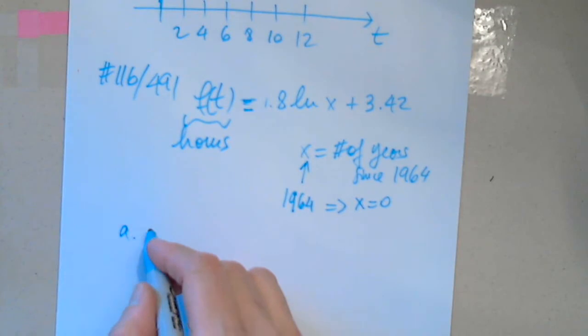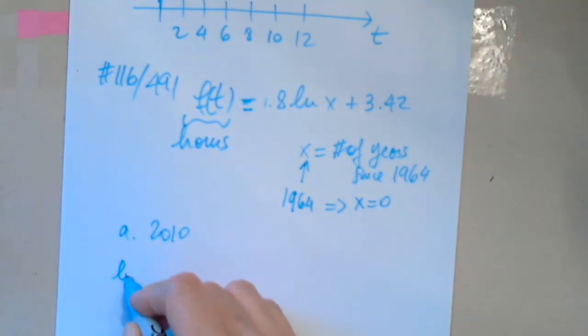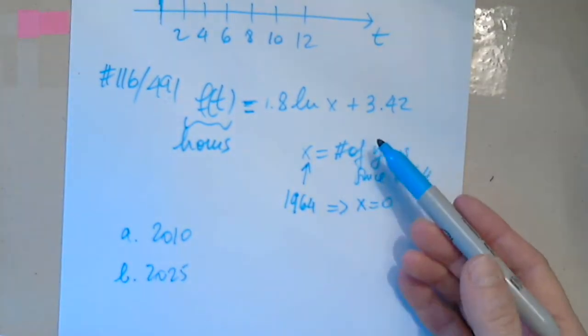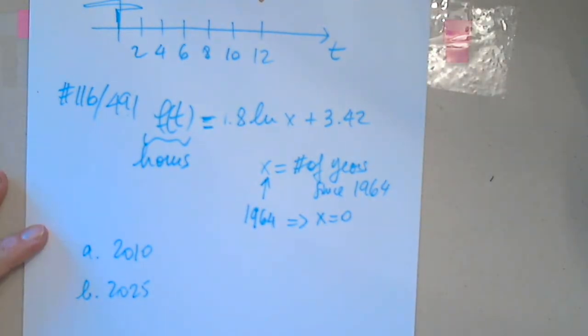In part A, they're asking what happened in 2010, and then in part B, what potentially could happen in 2025, assuming the model still holds. I don't know if it holds, but we assume it does.